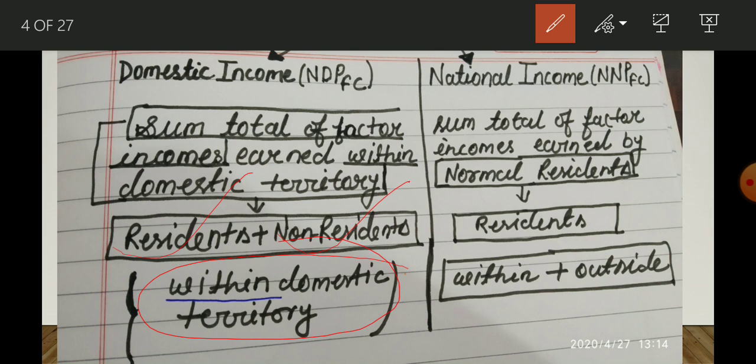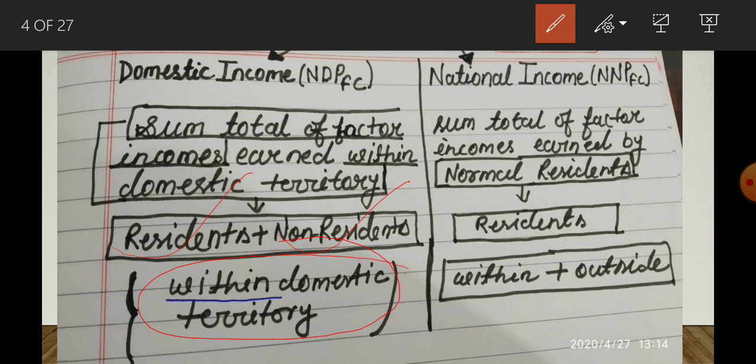Domestic territory means our land area plus all the sea area over which the Indian government has exclusive administration and exclusive authority, plus whatever earning is done by our nation or others with the help of aircraft services.